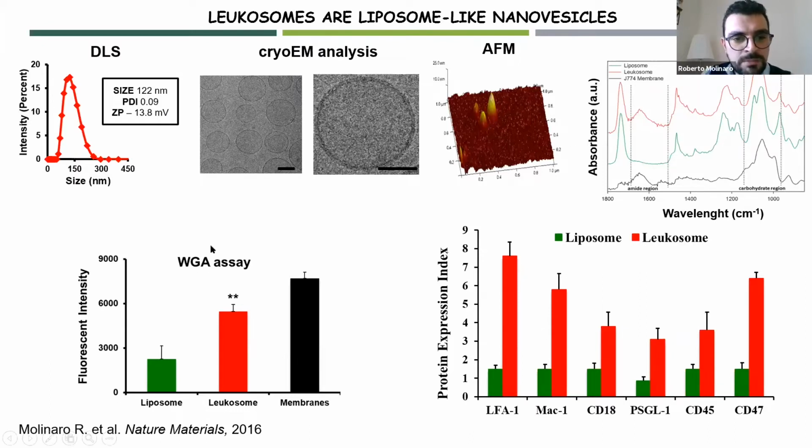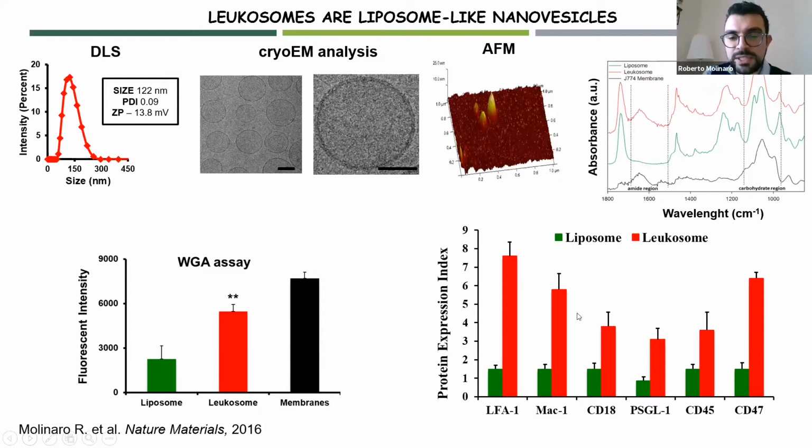The wheat germ agglutinin assay indicated that the proteins on leukosome surface are glycosylated, which means that they are in their post-translational active status and giving insight into the correct orientation inside the lipid bilayer.